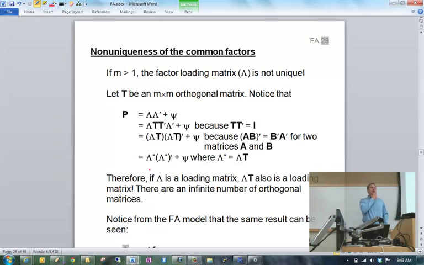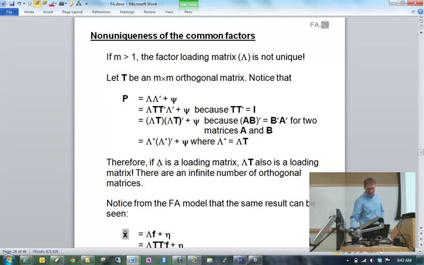Okay. Speaking of problems with factor analysis models, here's what some people think is a problem. Other people think it's a great aspect. I'll let you make a decision. Hopefully my bias will not influence you one way or the other. So if I choose a number of common factors that's greater than 1, my factor loading matrix is not unique.